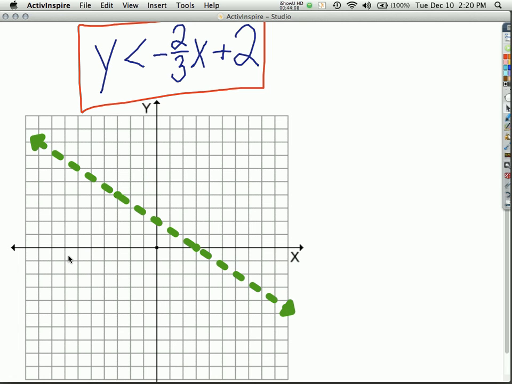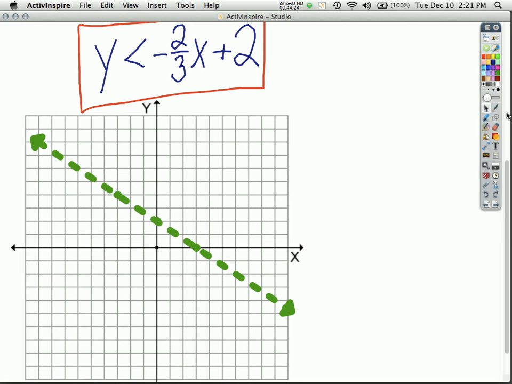But now we need to shade half of this. We either need to shade up here, or we need to shade down here. And here's where steps 2 and 3 take over. We have to decide which way to shade. So the way we do that is we're going to test this point right here.